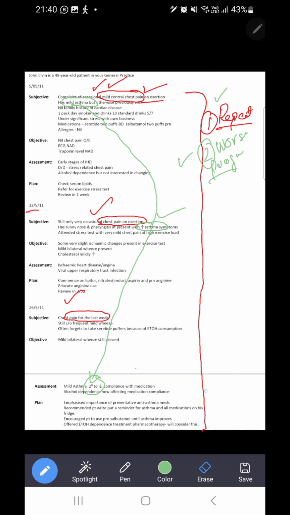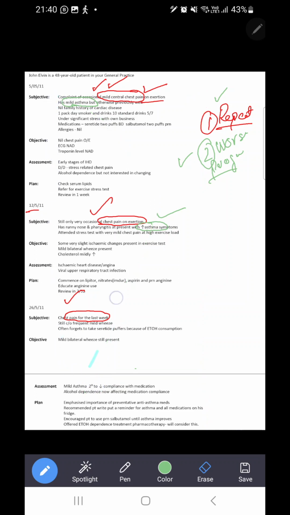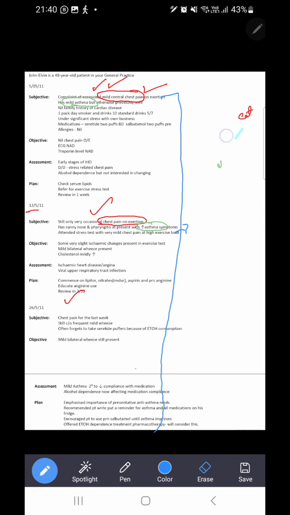For the summary, we see whether all of this given information is relevant. If all of this information is relevant, we have to write it down, but we have to select some things. How would we select them? We can organize the thoughts like this: mild intensity chest pain, then worsening of asthma.